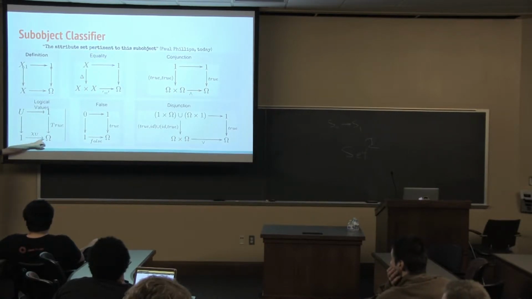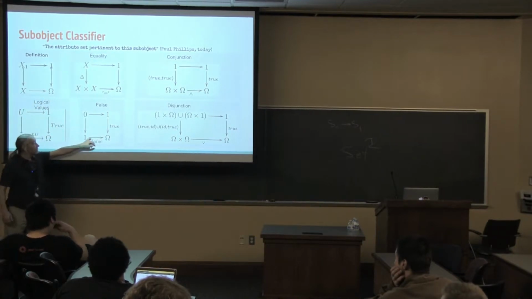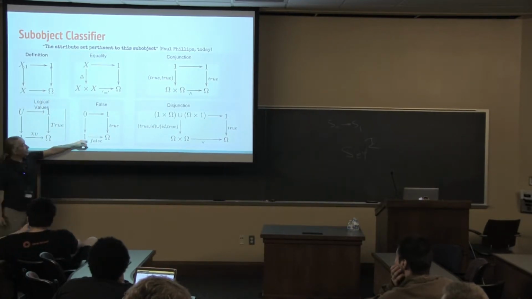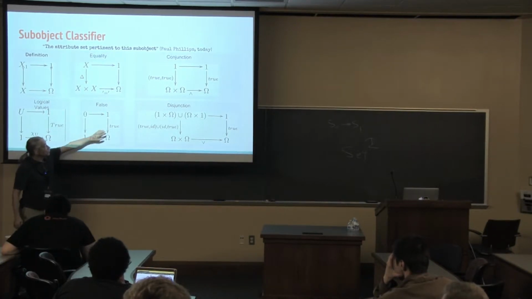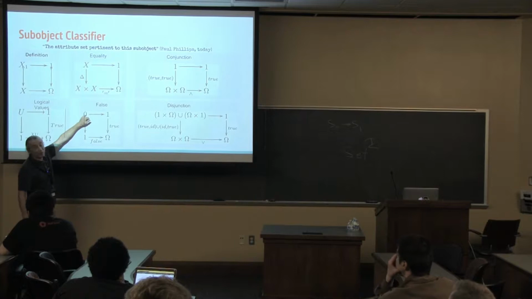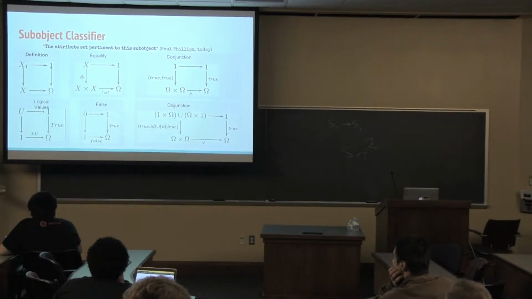And this is a special case. It shows that we can have more than one subobject of 1. First we have true, like this. We have false, which classifies empty. True classifies the same unit, the same one. What other subobject do we have in 1? As many as there are points in omega.